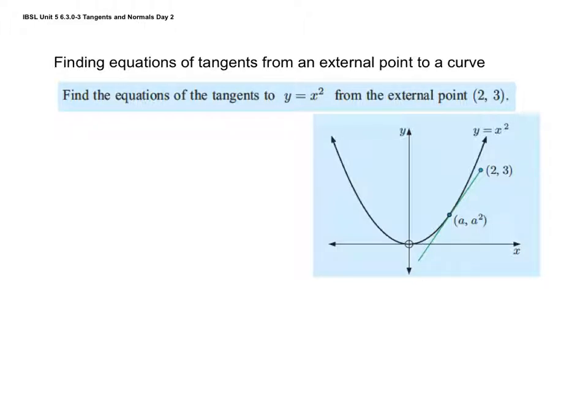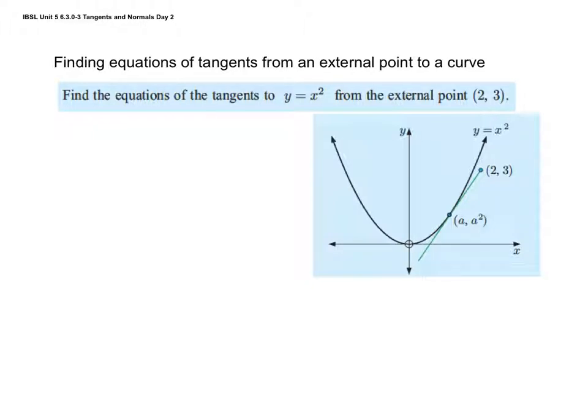And for that y equals x squared, we want to find the equation of the tangent that hits the point 2, 3. Here again, we're going to have to use systems of equations, but in a slightly different way. We don't even need the equation of the line per se. We are going to use the slope of the line in two different ways.